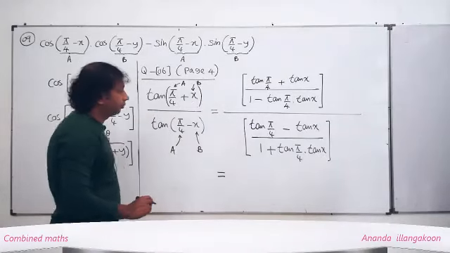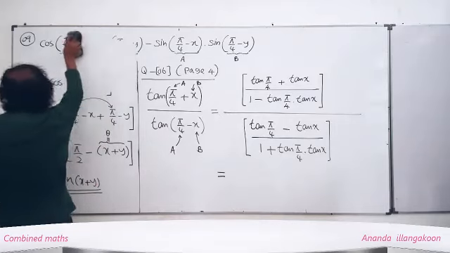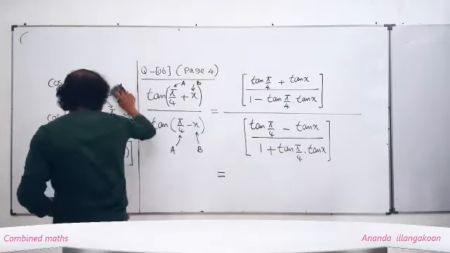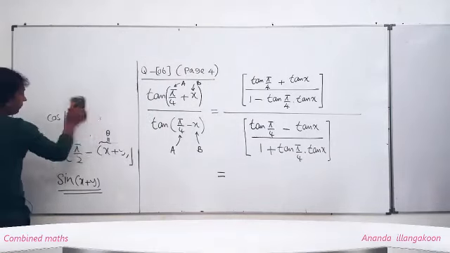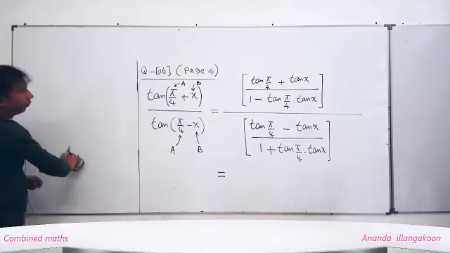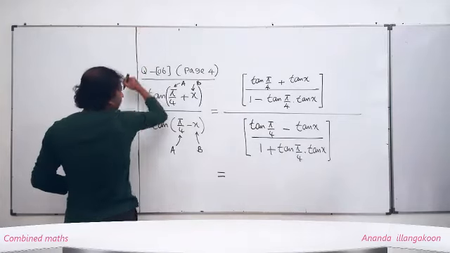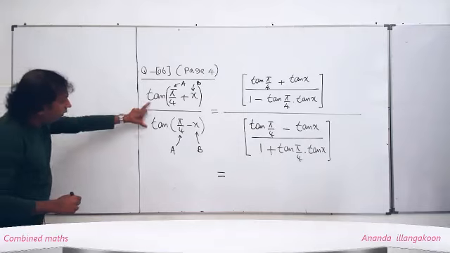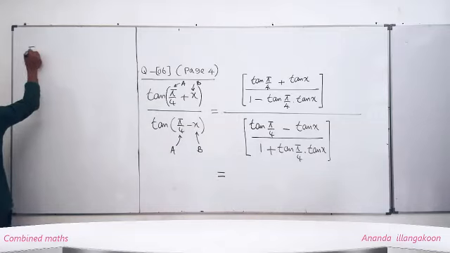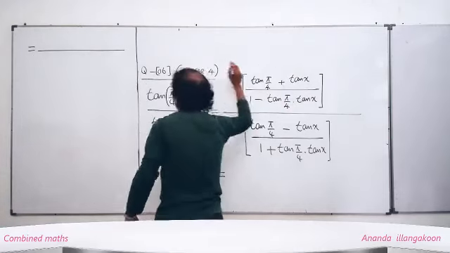I'll write that here, people. On the left hand side, this is available. Therefore, I am going to put only this equal sign. This way, this is 1 plus tan x.